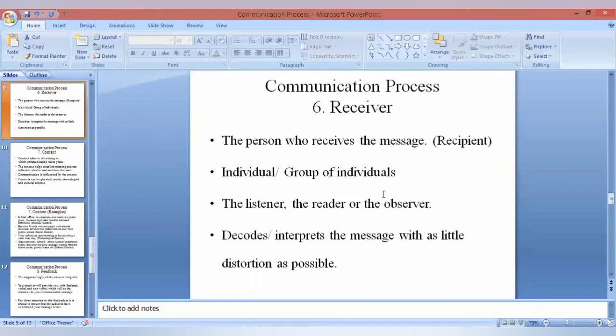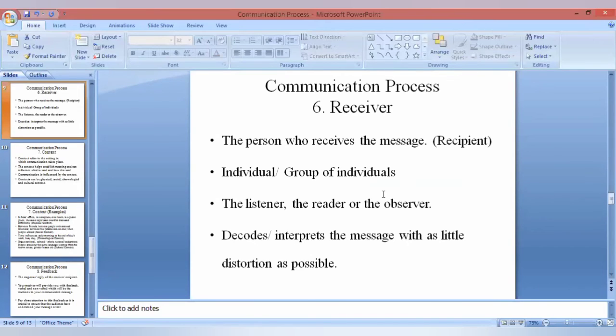Either he could be a listener in one-on-one conversation or in a meeting, for example, and the receiver could be the reader too, because if you send him a written message in the form of an email or a letter, he will be reading it. And he could also be an observer as well.